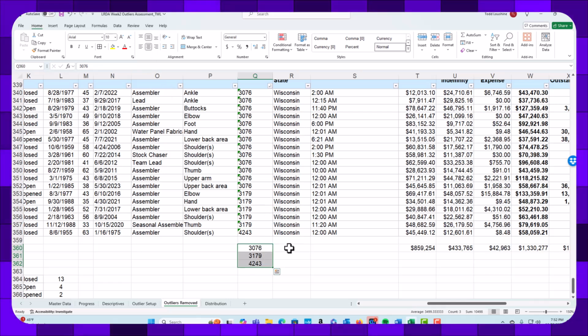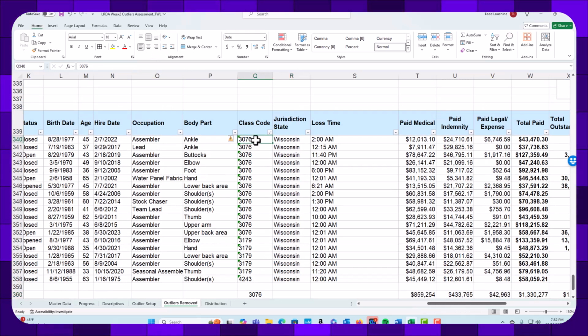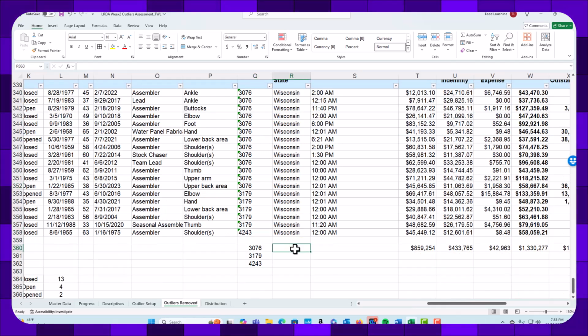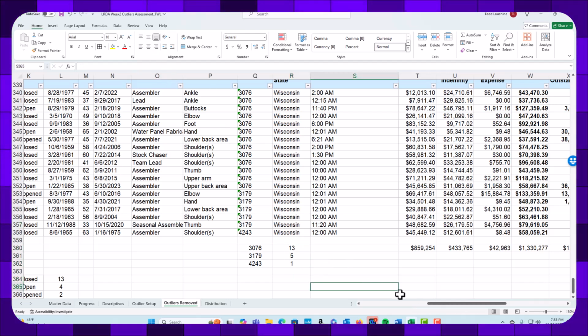Center that, and I'll count them. 1, 2, 3, 4, 5, 6, 7, 8, 9, 10, 11, 12, 13. 1, 2, 3, 4, 5, and 1. And that equals 19. So when we sort by these different things, we'll come back and look at it.